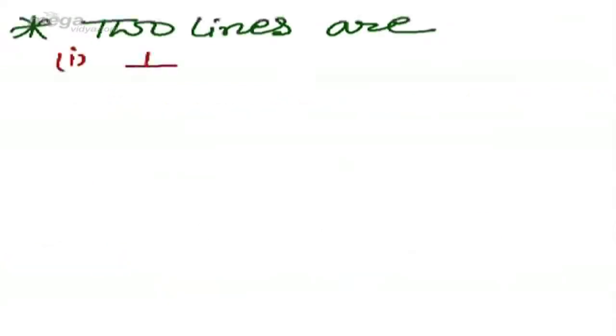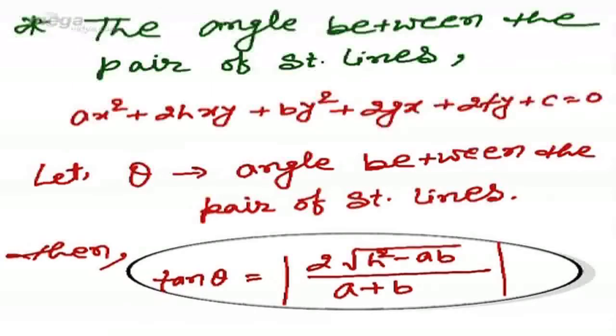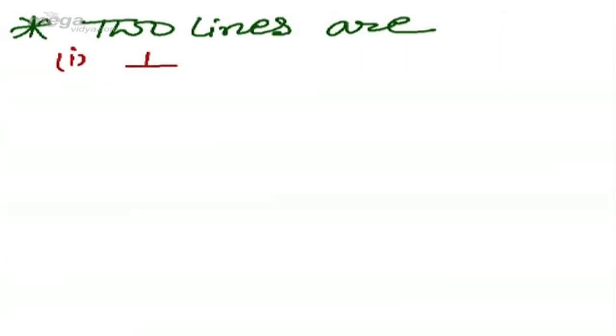Now, when will two lines be perpendicular? Two lines are perpendicular means theta is pi by 2. So tan pi by 2 is defined only if the denominator is equal to 0. So this denominator, that is a plus b, we write equal to 0.